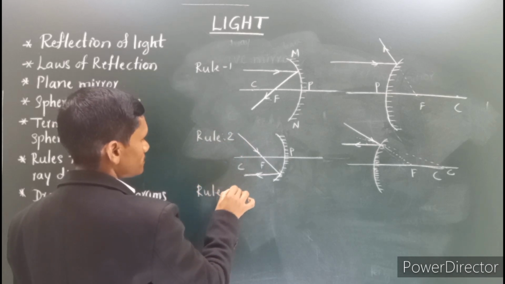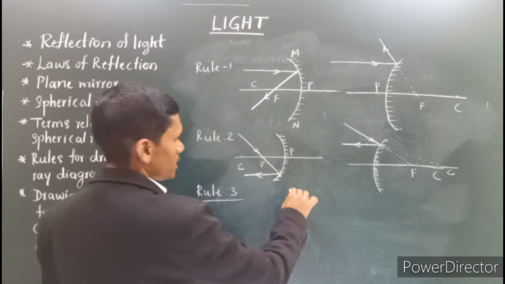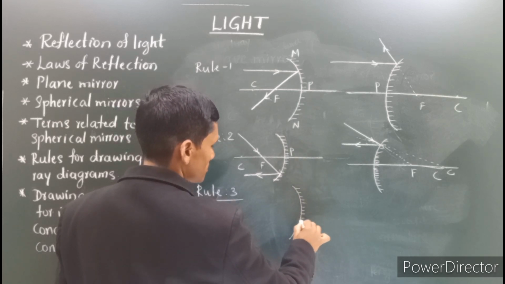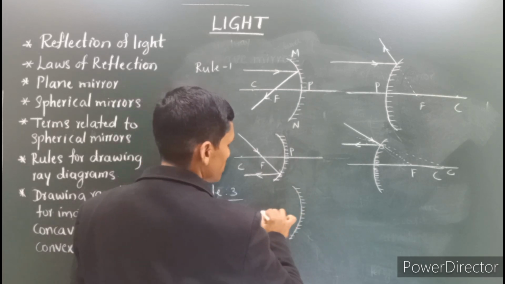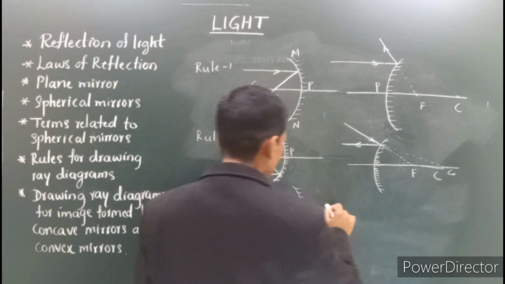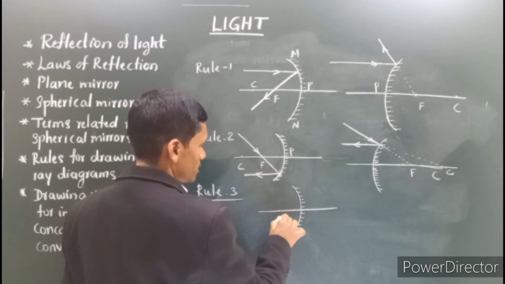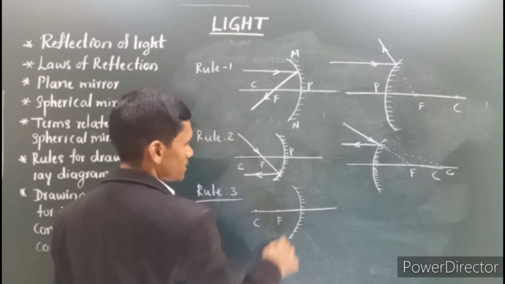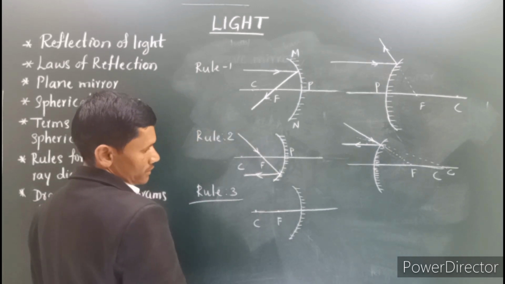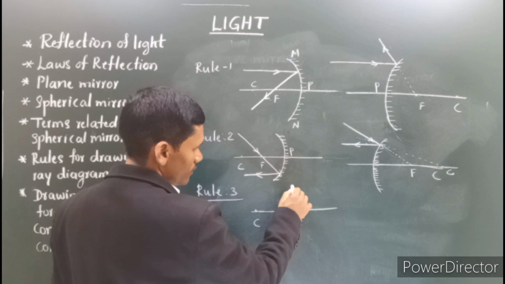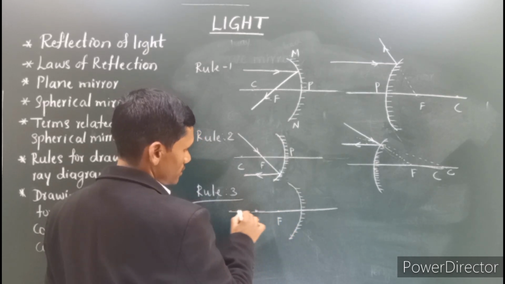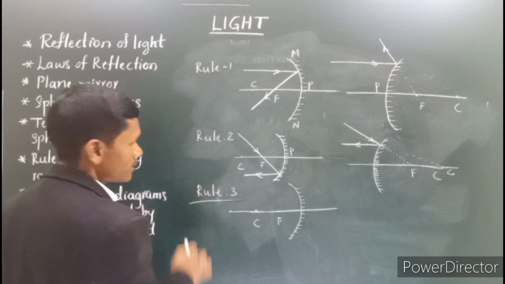Then what does the third rule say? Rule 3. Here again, if you draw a concave mirror, this is F, this is C, right?